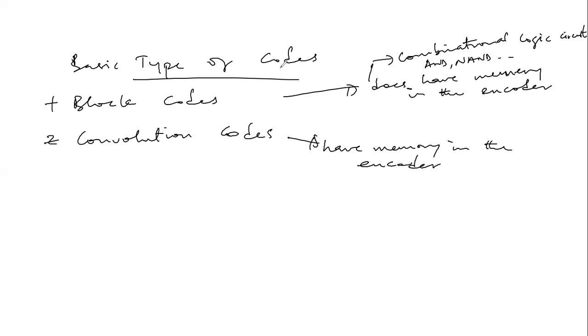But when we say a circuit has memory, the next thing that comes to mind, should we attempt to realize this in practical terms, is that we have to introduce sequential logic.